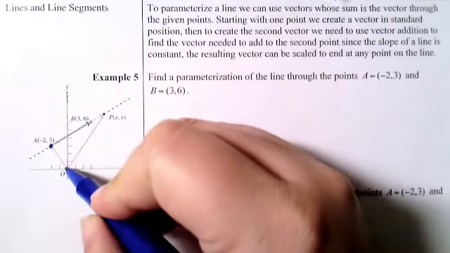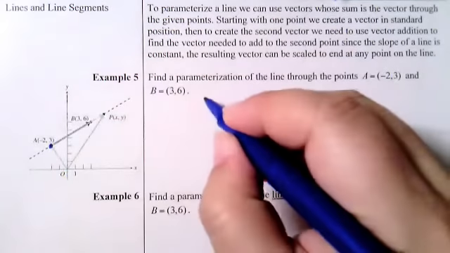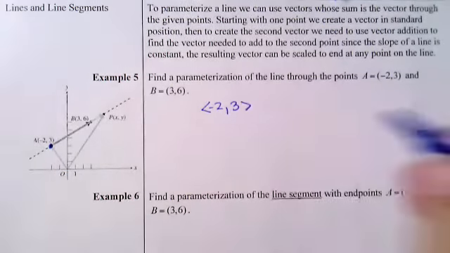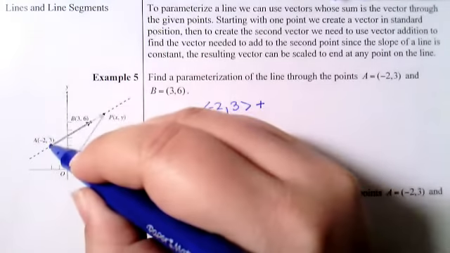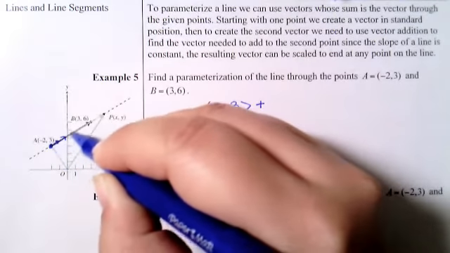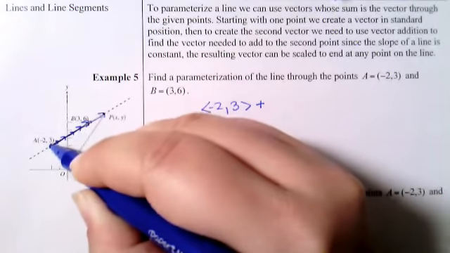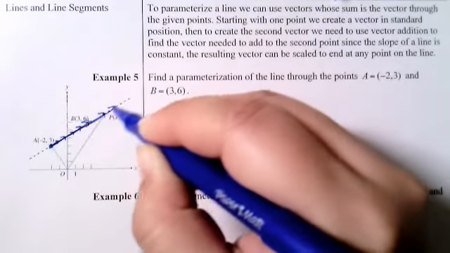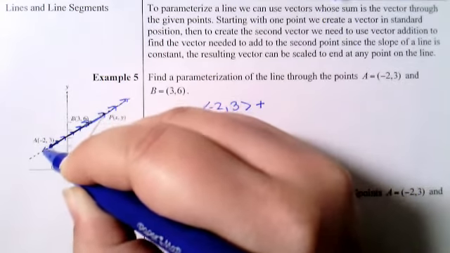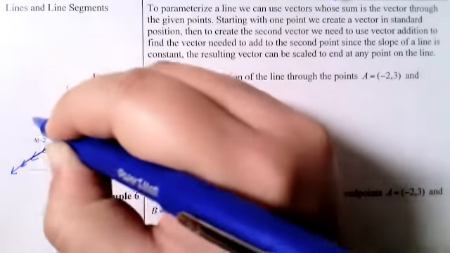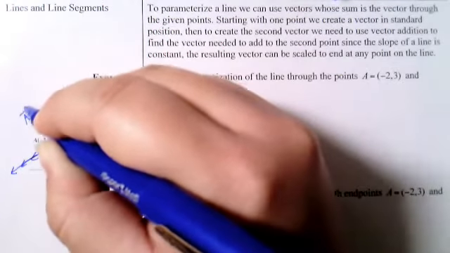starting from directions from O to A, we would get the vector -2, 3. And then we're going to add all of these little vectors, which are all multiples going in either direction of vector AB.